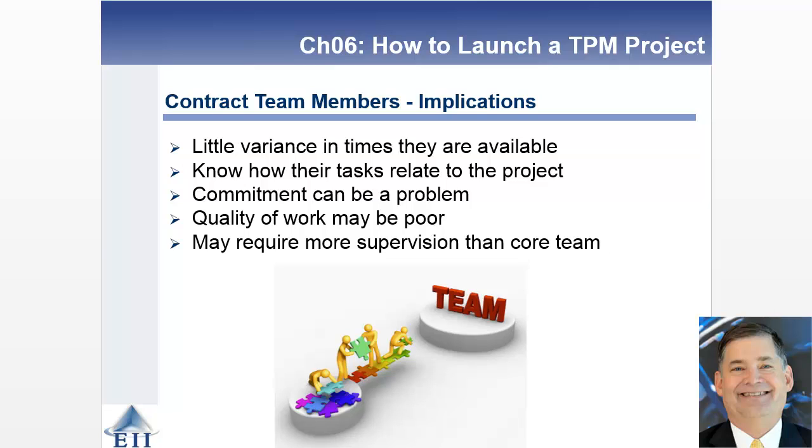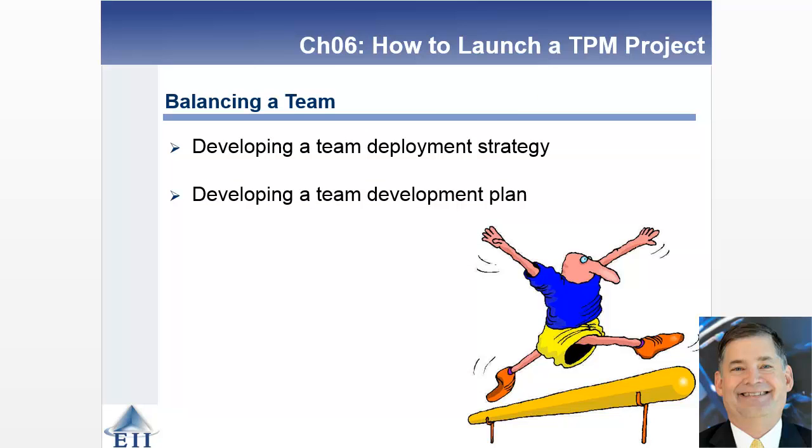Obviously, you've got a deeper trust relationship with other forms of team members, but keep that in mind. Sometimes you do need to augment your team, and you're probably going to have some special practices to handle contract team members. It really is a balancing act between developing a deployment strategy and developing a team development plan for moving forward.